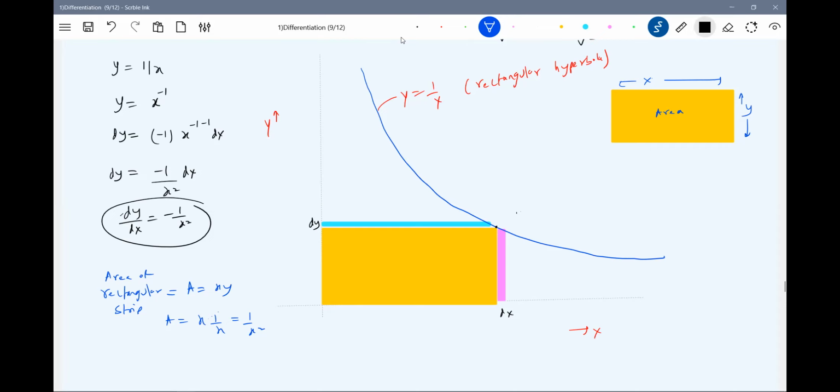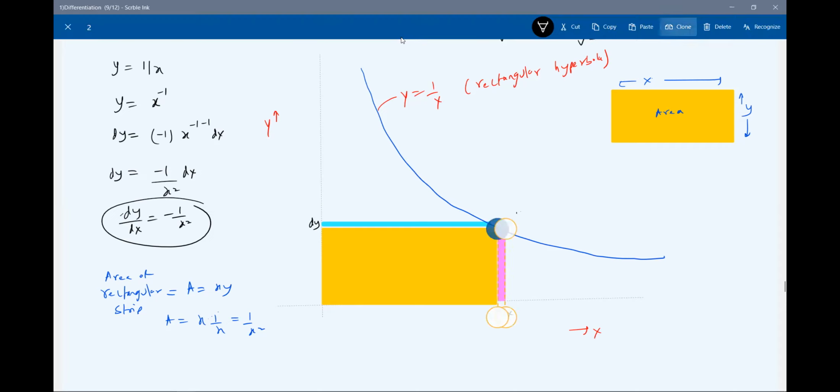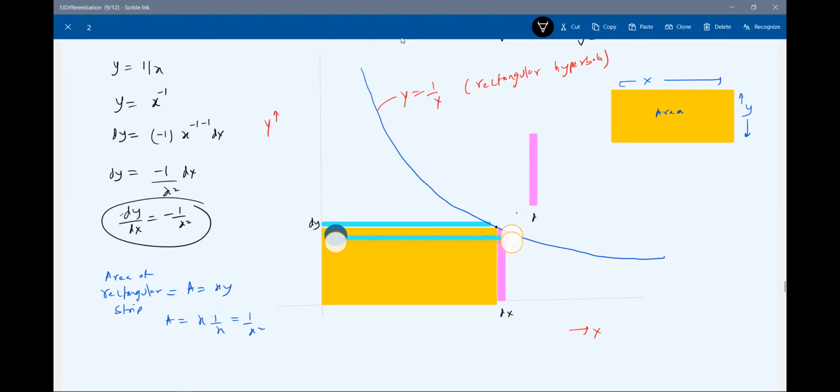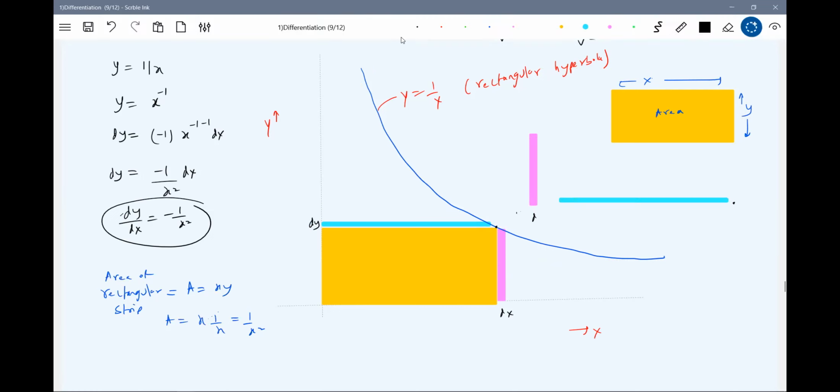And then we will calculate this change in area. This is one strip. This was the other strip, no? dx into dy, and this is dy, and this is dx. Let's calculate the change in area.